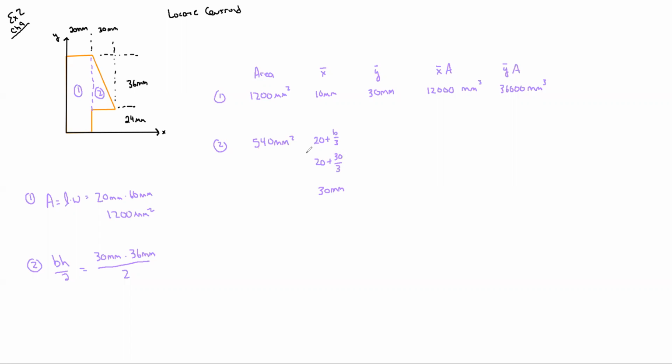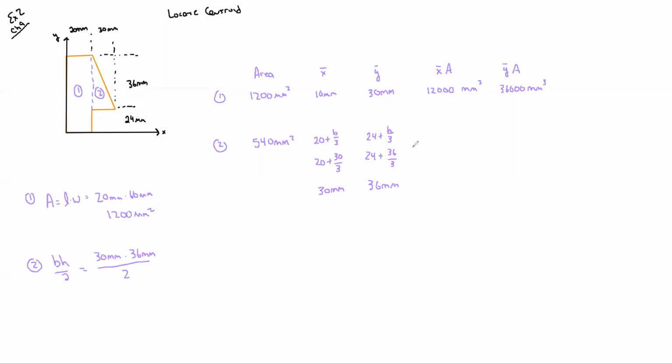I'm sorry, y bar is height of the triangle divided by 3. So the height of the triangle is 36. 36 divided by 3 is 12. But I have to start from the origin, so I would go up 24 and then plus 12. 24 plus 36 over 3. 36 over 3 is 12. 24 plus 12 is 36 millimeters.